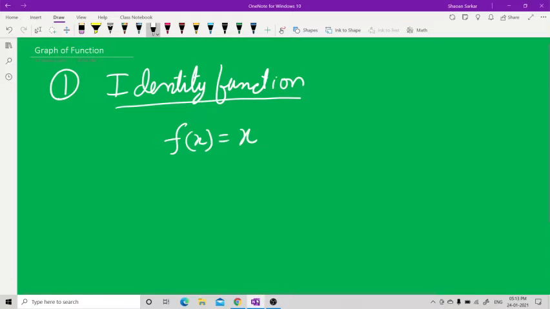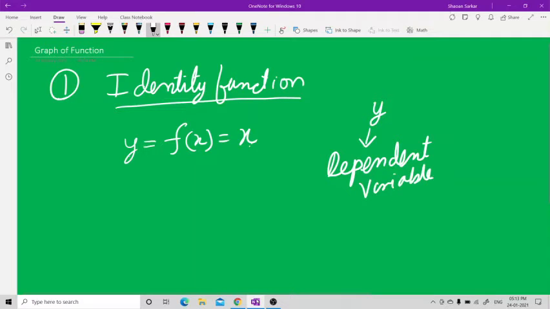Here x is the independent variable and f(x) is behaving like y, and therefore y is the dependent variable, because on the value of x, the value of y depends.